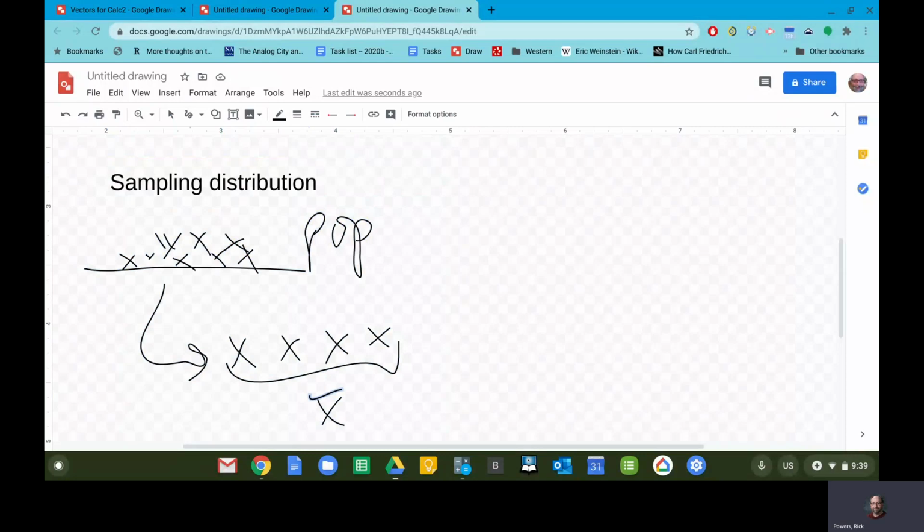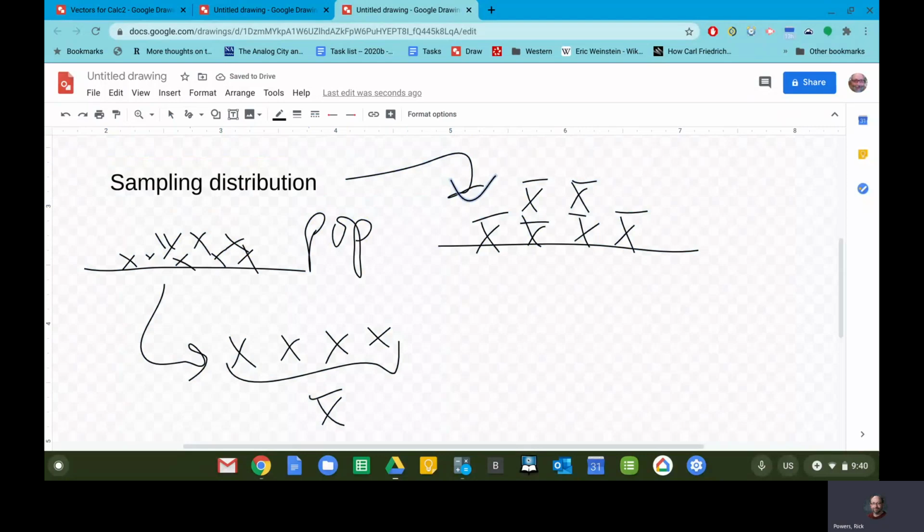So now instead of having a population distribution, which is what I have over here, I'm going to have a sampling distribution. And this is where I have different sample means. And so then the question is, what can I expect from this? This then is my sampling distribution right here.